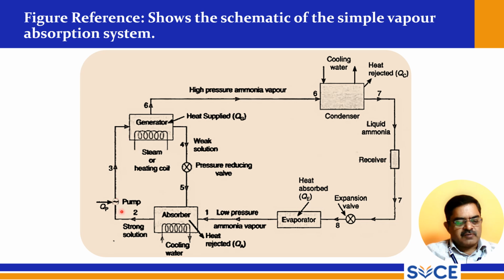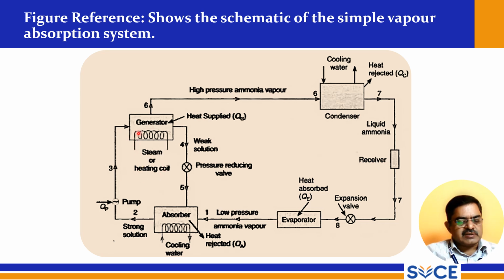Where you have connected the pipe, the pump pumps the flow, that is the ammonia refrigerant, to the generator. In the generator, heat is supplied by steam or a heating coil.